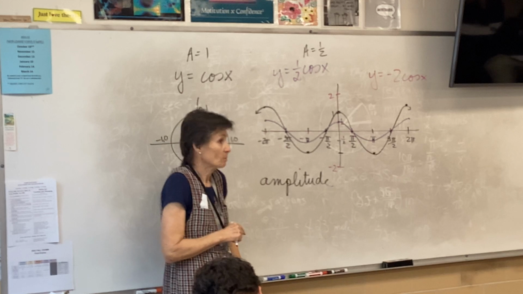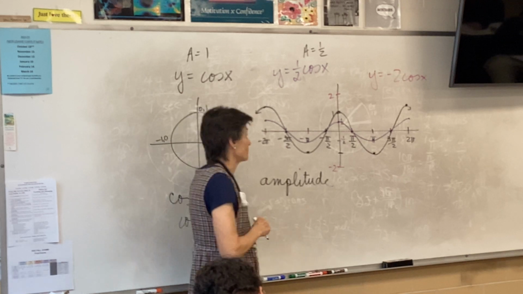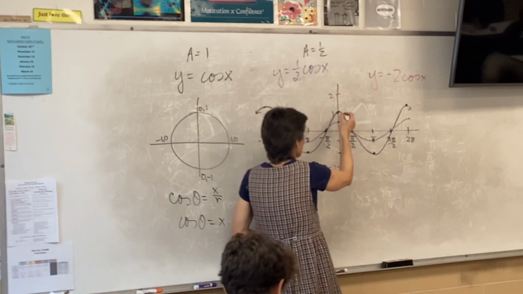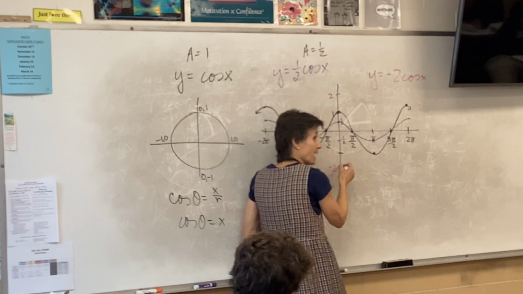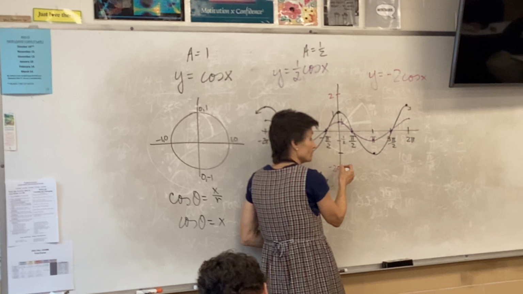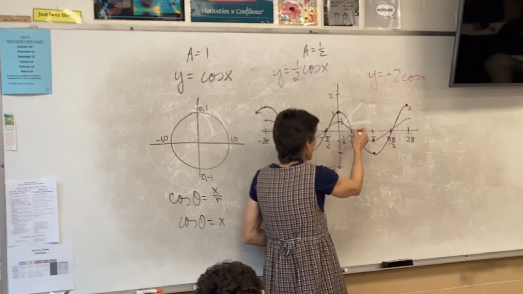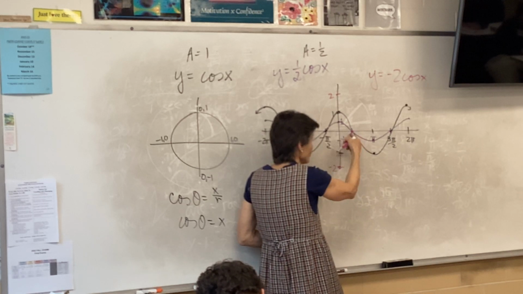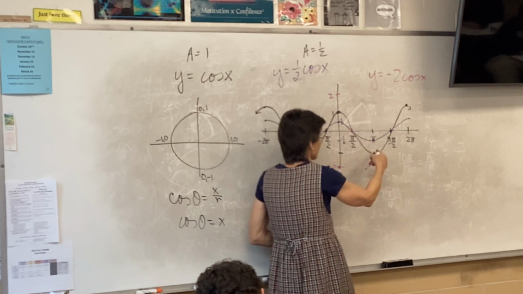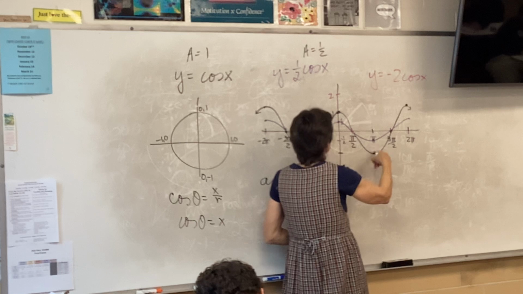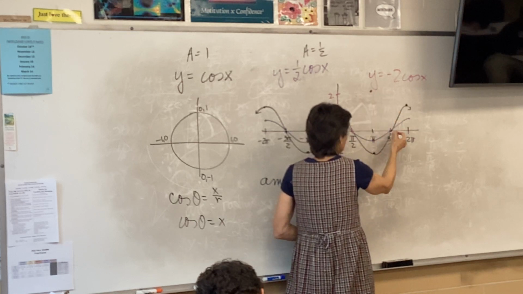Got it. It multiplies the y's. It turns you upside down. So, instead of this point being at positive 1, it is now going to be at negative 2. The zeros don't change. So if you're a point on the x-axis, you're not changing. But this negative 1 is now going to become positive 2.